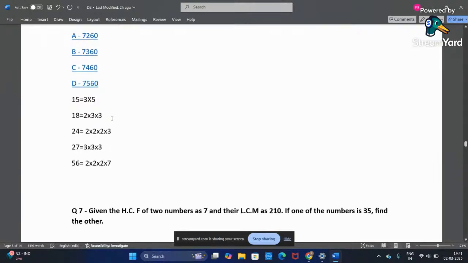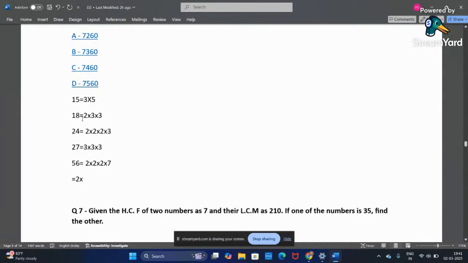What is the answer? In this 2, this here 2, it is there. So we're taking as 2 because we have to take least common factor. Then again, see here 3, 3, 3. Okay, let's finish for the 2.